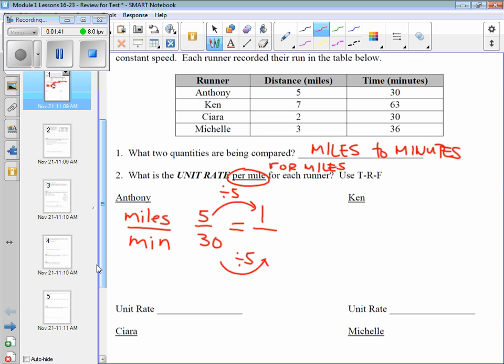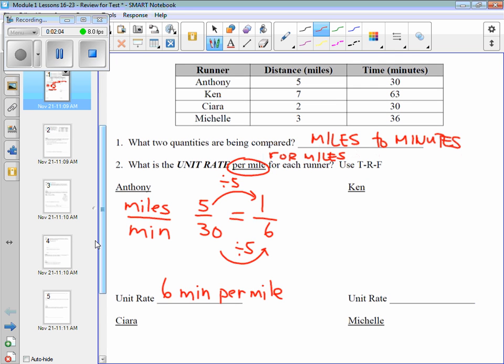And if you do that, you're going to wind up with 6. So Anthony's unit rate is 6 minutes per mile. That's just saying that in his 1 mile, it will take him 6 minutes to run his mile.